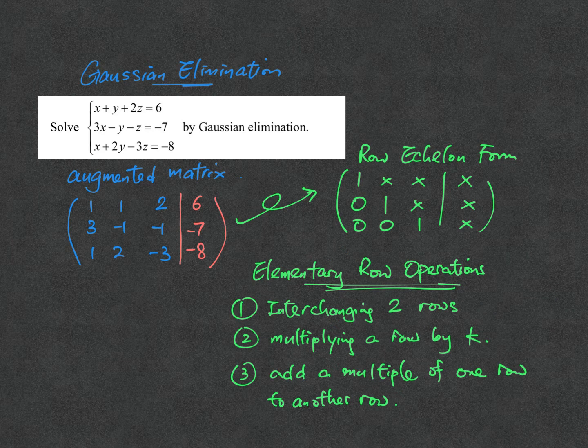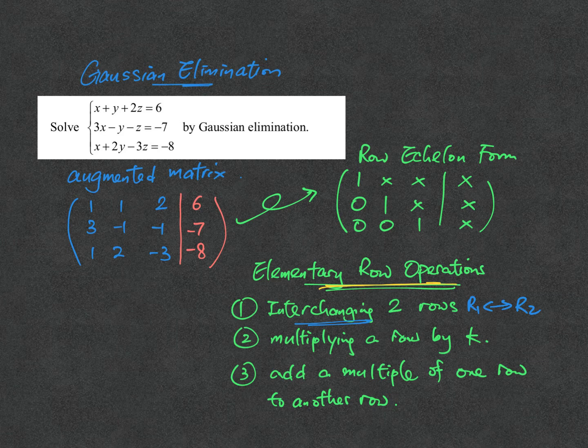Next, we have to see how an augmented matrix is changed into Row Echelon Form. So there are 3 basic operations which we call elementary row operations. The operations including number 1, you can reconsider the position of rows, so we call it interchanging rows. For example, you can change the position of row 1 and row 2 by the symbol with arrows at 2 ends.